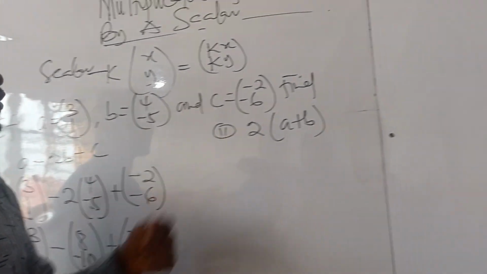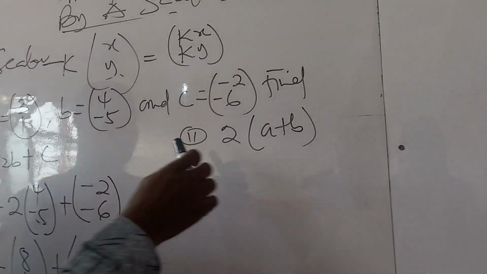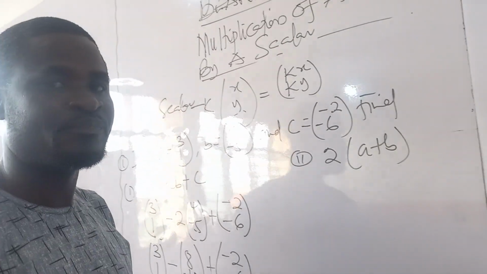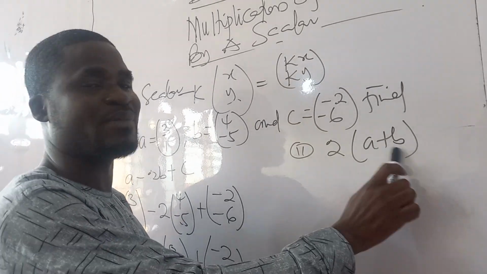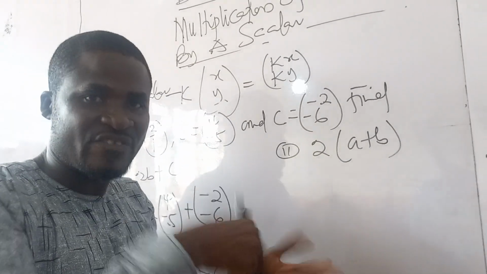Let's see example 2. Example 2 says that we have 2 into bracket a plus b. Now take note here. This 2 here is affecting everything in the bracket. So solve everything in the bracket first.